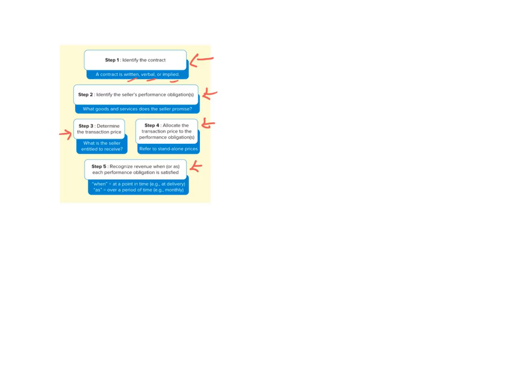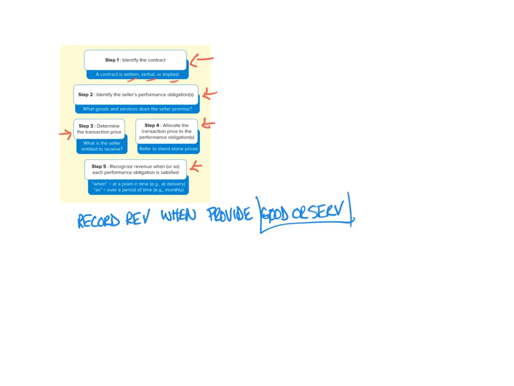Ultimately, our goal is going to be to record revenue when we provide a good or service. Which ultimately this good or service is going to be our performance obligation.